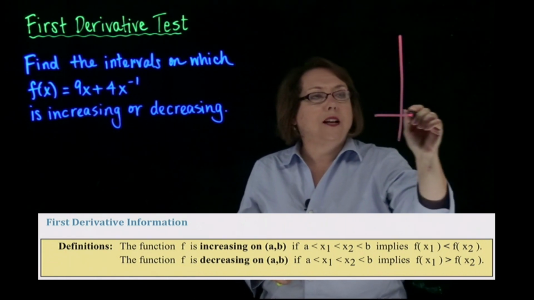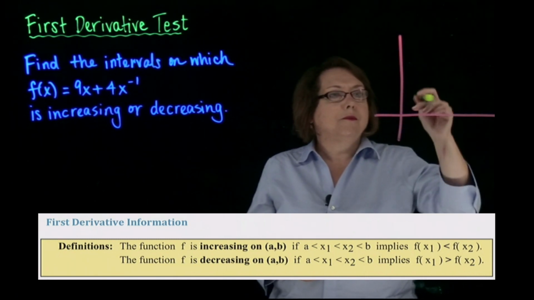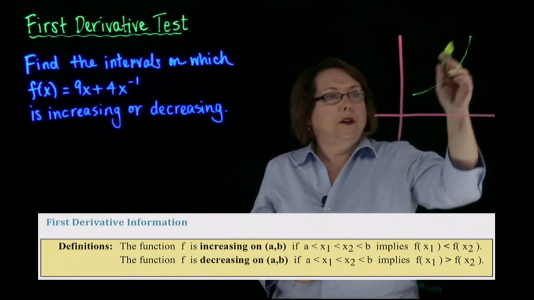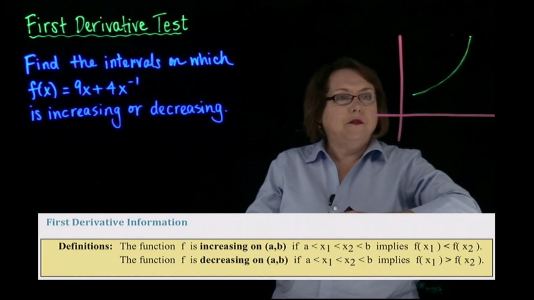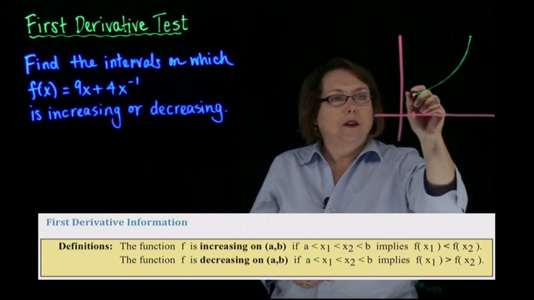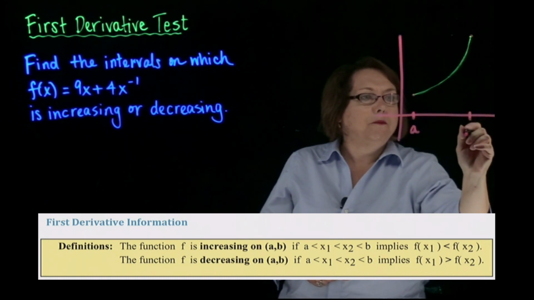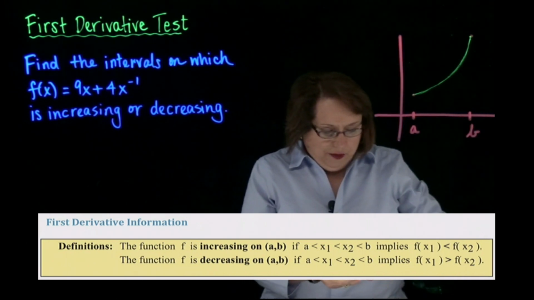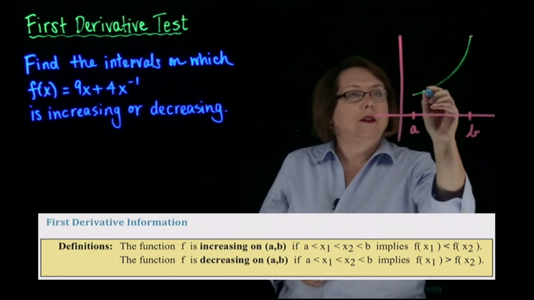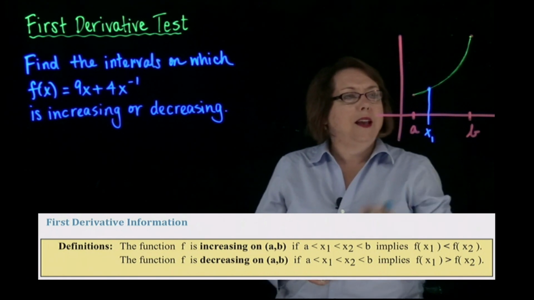Let's draw a little sketch here so you can see what I'm talking about. Put a curve just like that there. So we have an interval from a to b. And then we have x sub 1 right there.